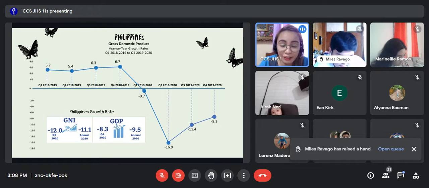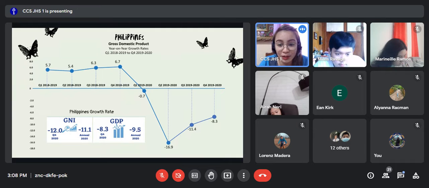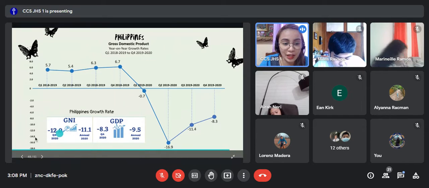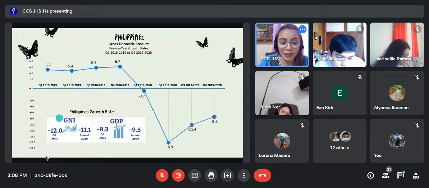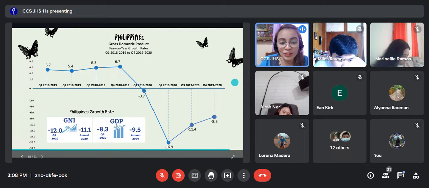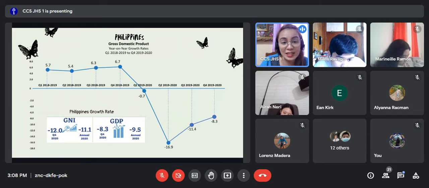Technically, it is averaged, but of course, there are statistical discrepancies. Remember what I told you yesterday, that there are unaccounted figures, and at the same time, they also consider the last part, the very end of the fourth quarter. As you noticed here, look at this negative 12. Here we have a negative 8.3 for the fourth quarter. But this negative 12 was the very end, at the end of December.